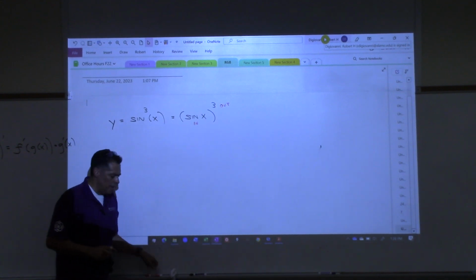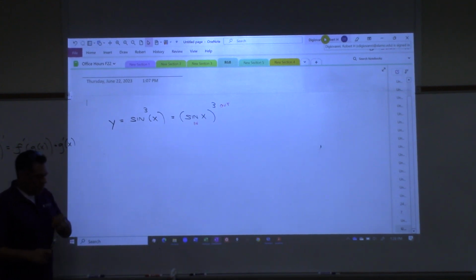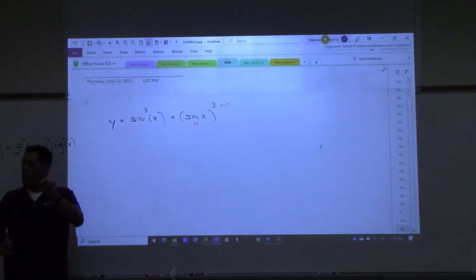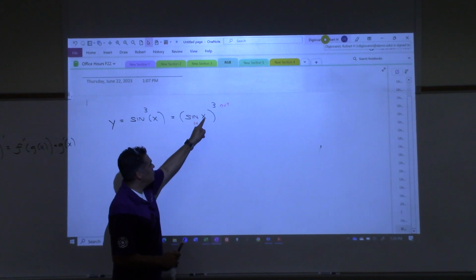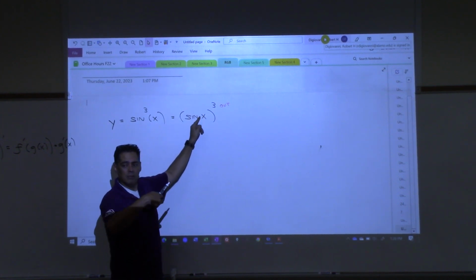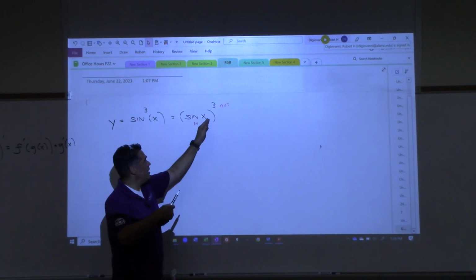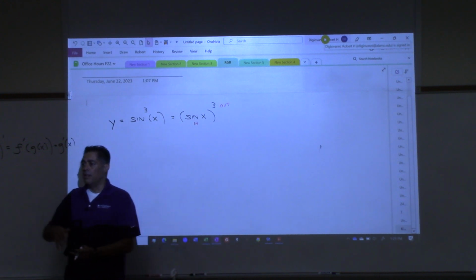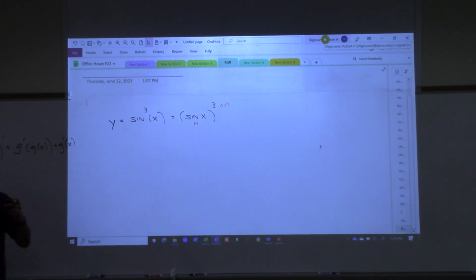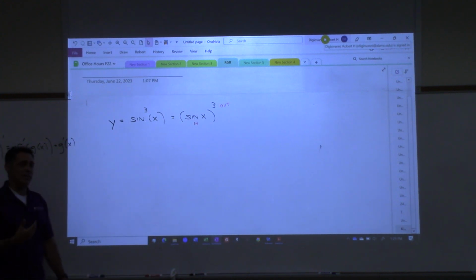I like to think of it this way. If I told you to plug in x right now, first thing that would happen is you would take sine of it, right? Like plug in 2. You would do that first. And then what would you do? Cube that answer, right? So the last thing you do is the outer function. The first thing you do is the inner function.